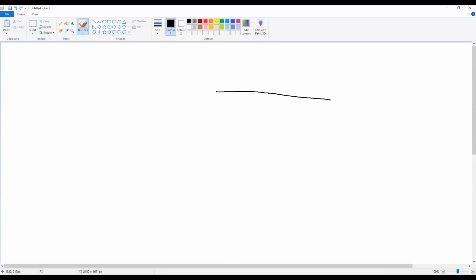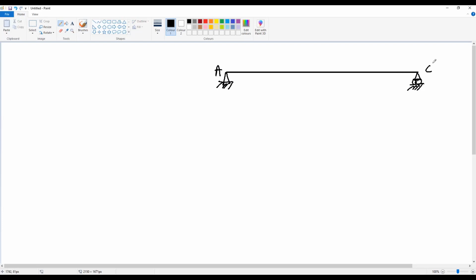So we have a simple beam, and here we have a hinged support at A, and we have a roller support at C. Okay, and we have a uniform load q equal to 3 kilonewton per meter, and we have a point load applied at B equal to 10 kilonewton.